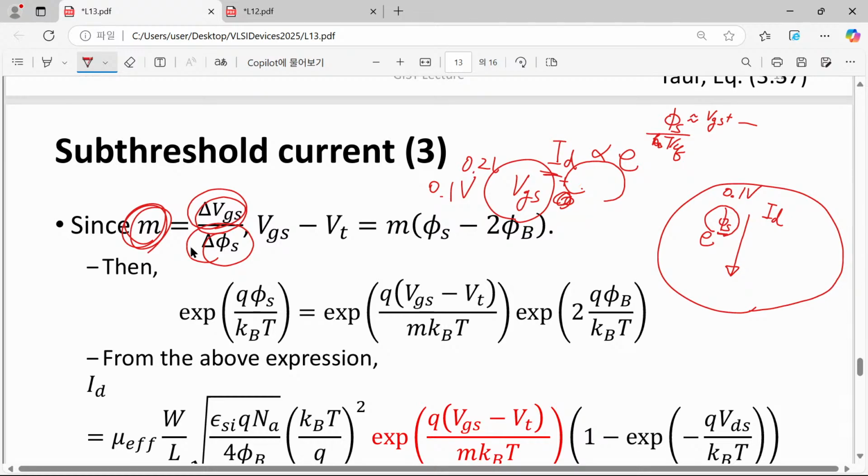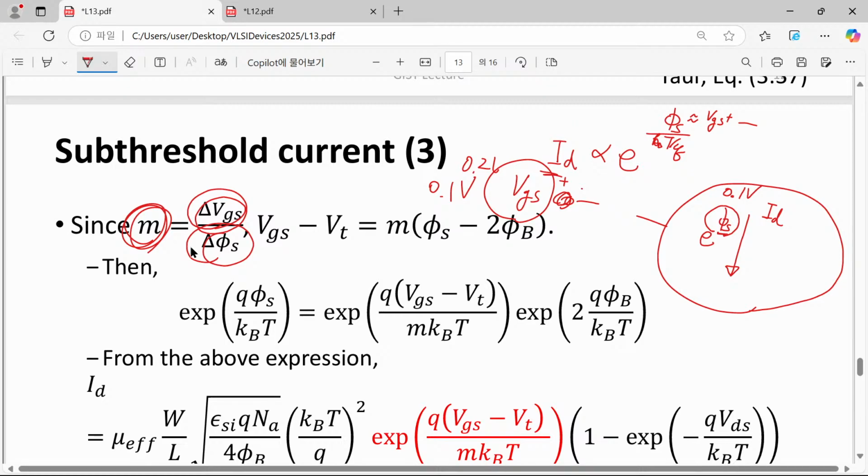Their connection is internally disconnected. Although we change the gate voltage, the surface potential tends to just stay there. It will not change at all.